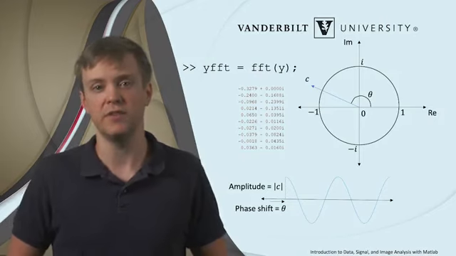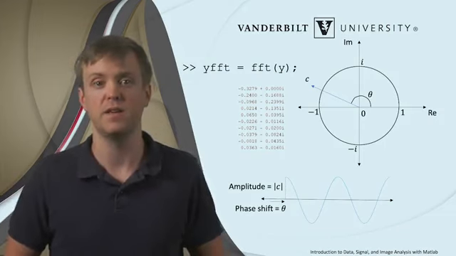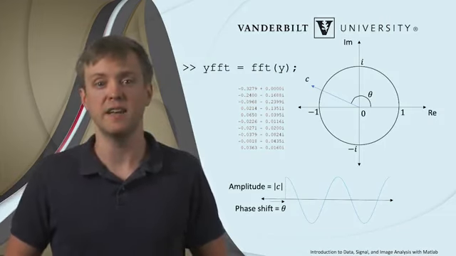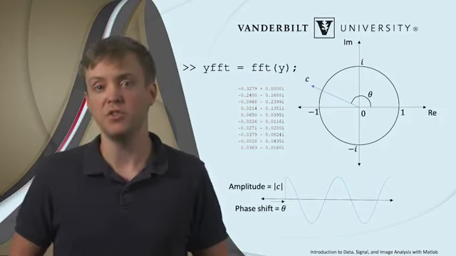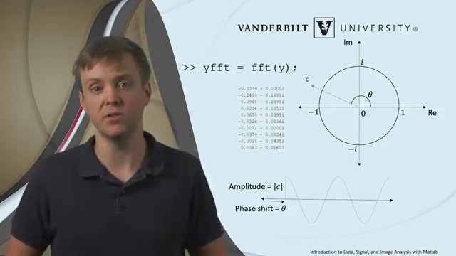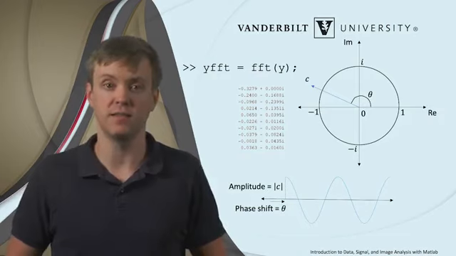Each entry in our FFT corresponds to a specific frequency cosine wave. The complex number in that entry in our FFT needs to represent two quantities. One, the amplitude of a cosine that oscillates at that frequency, and two, the phase shift of the cosine that oscillates at that frequency.